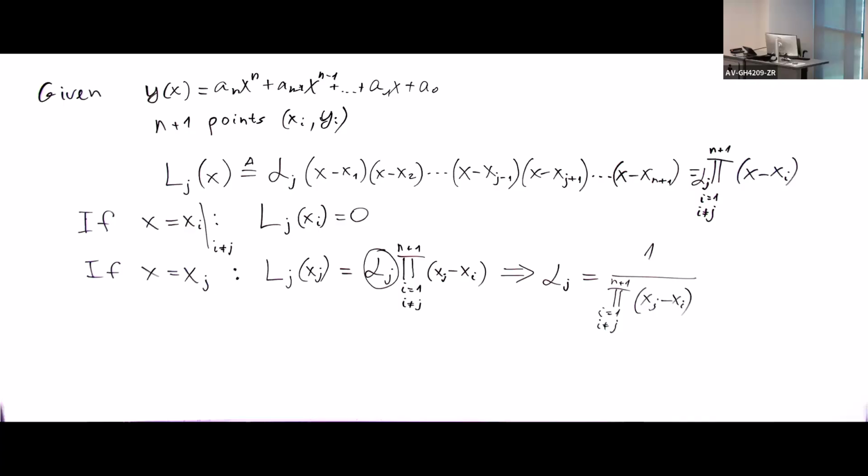Because I could choose whatever alpha I want, I will choose that kind of alpha. Given that definition, practically L_j will be that formula, which is the product for i from 1 to n plus 1, i not equal to j, of (x minus xi), divided by a product which looks very similar, but a little bit different.